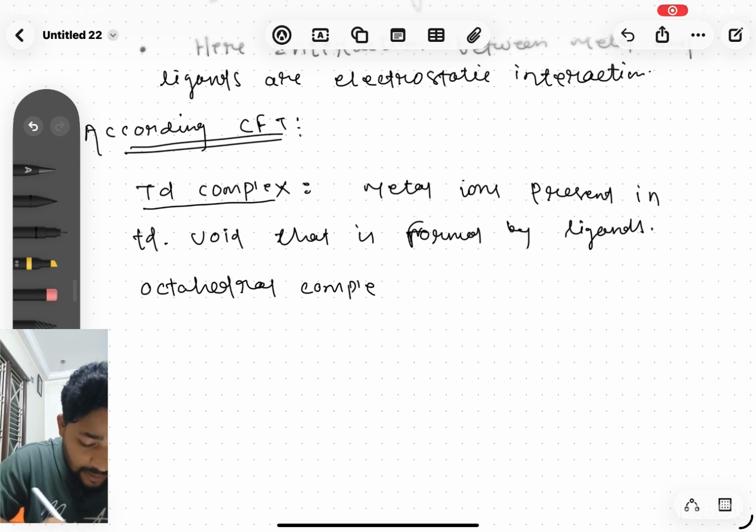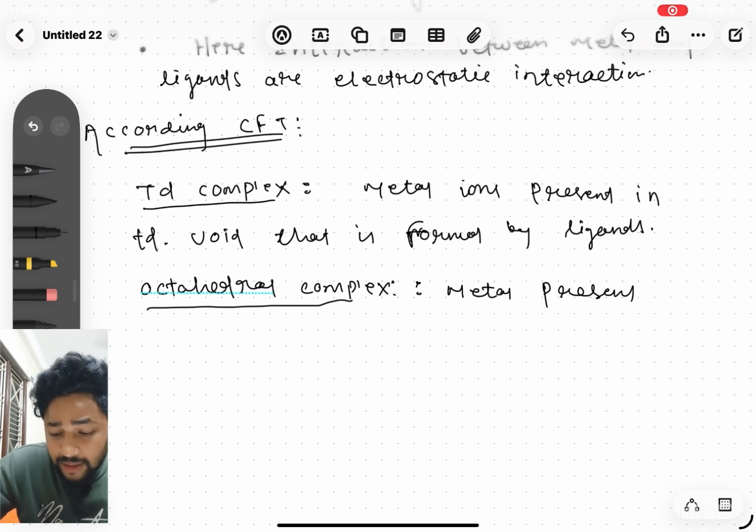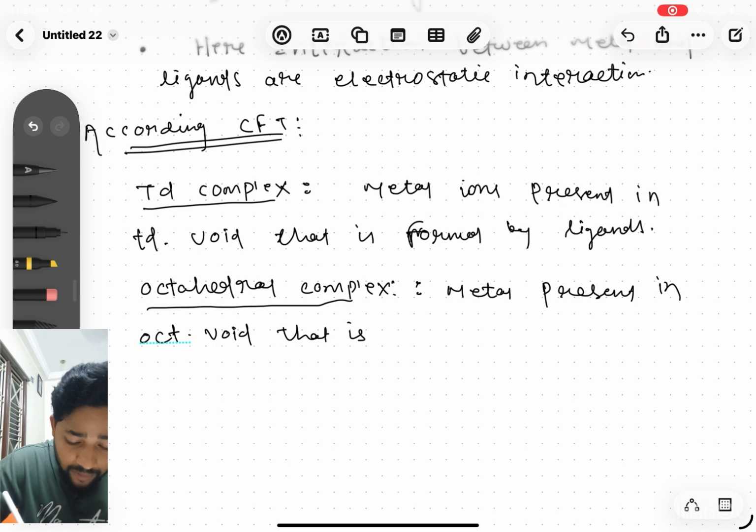Okay, similarly in an octahedral complex, here also the metal is present in an octahedral void that is formed by ligands.